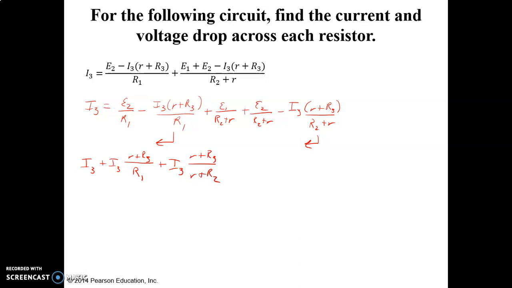I flipped them around from R2 plus R. It doesn't matter. Addition is commutative, so we're good. And that equals whatever's left, which would be E2 over R1 plus E1 over R2 plus R plus E2 over R2 plus R.